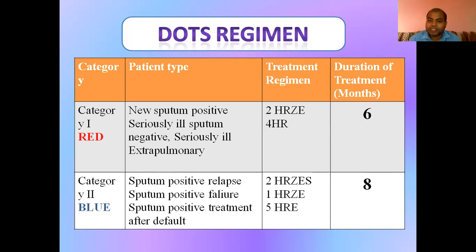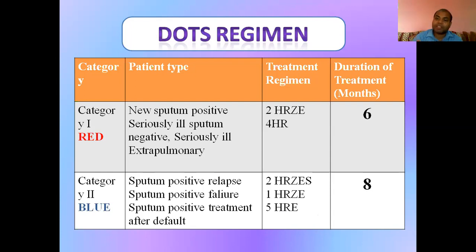For this type of patient, generally the treatment strategy is an 8 month course, and the 8 month course includes 2 months of HRZES, that is the complete first line drugs for 2 months, and 1 month of HRZE where the S has been omitted. And then 5 months of HRE, where the Z and S have been omitted, and the complete duration is 8 months. 2 plus 1 equals 3 plus 5 equals 8. So this is the 8 month course.